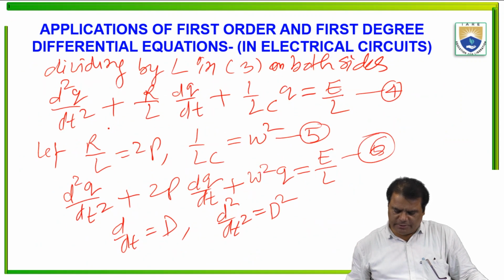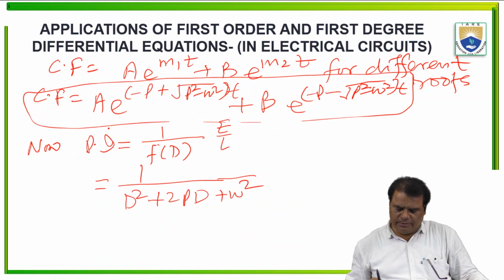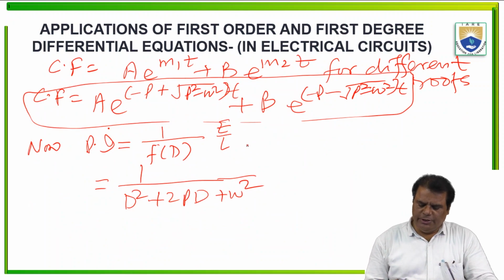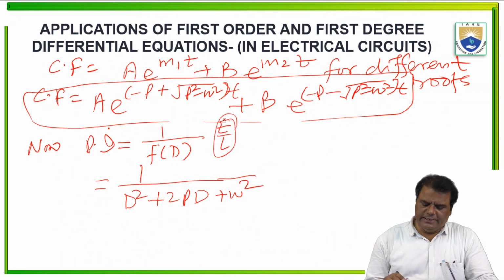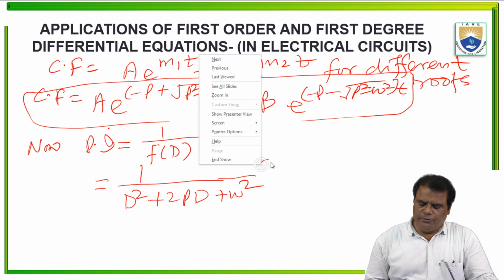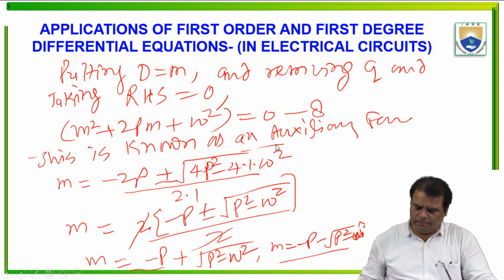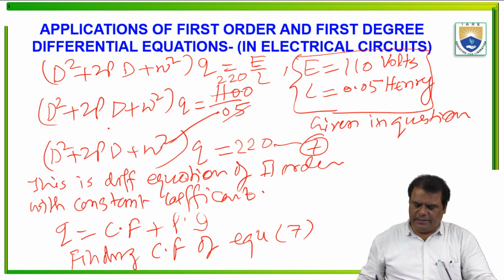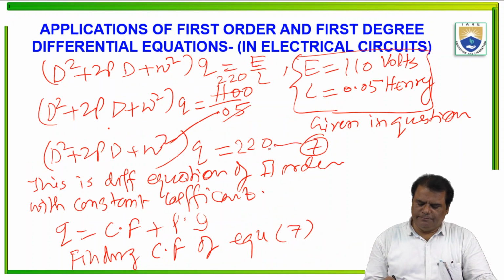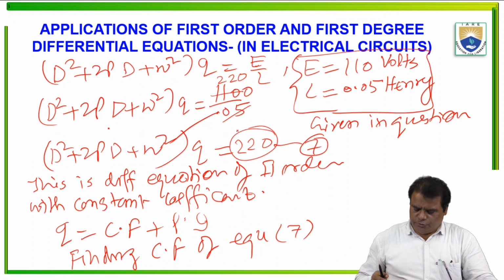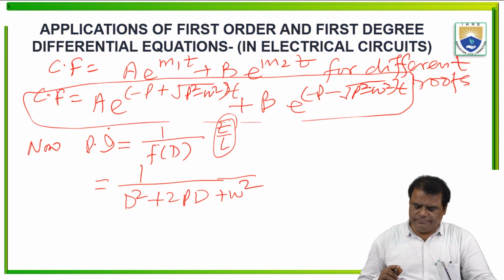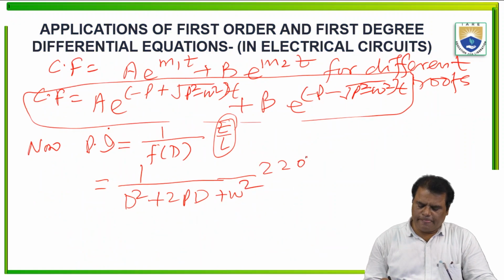Okay, that is enough. The value of E upon L is 220. So putting 220 here.